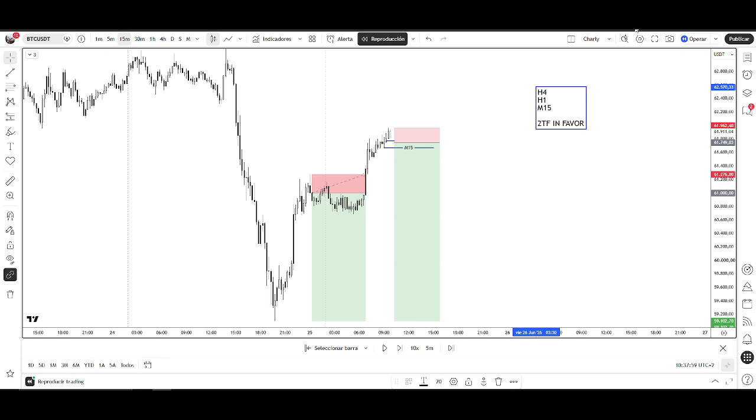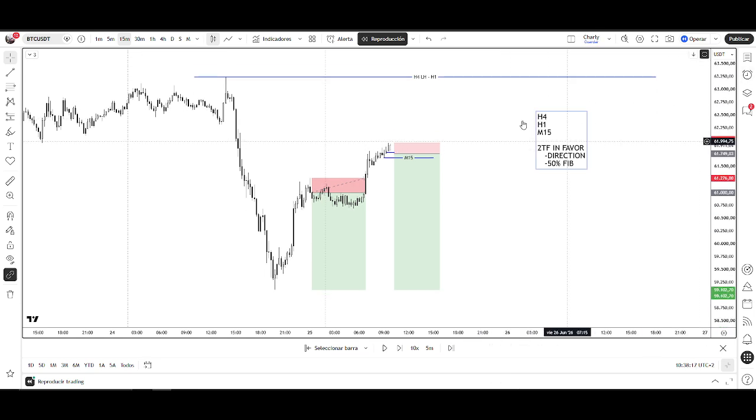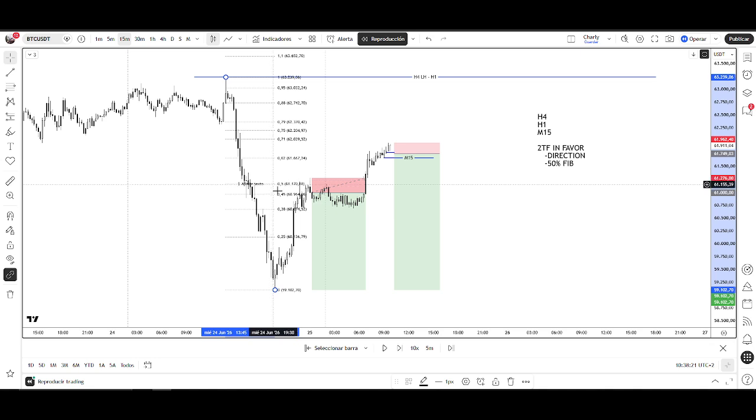You need to have a multi-time frame correlation, but in favor it's not only direction. Direction is one part. The other part is 50% of the fib tapped. This is very important, because if you don't have the 50% of the fib, you will always have the possibility of the market going to tap the 50% of the trend.